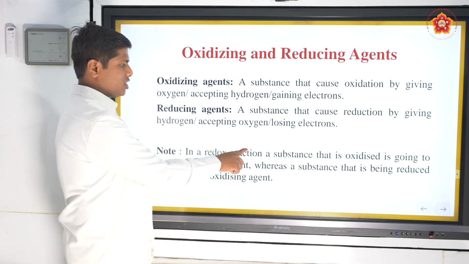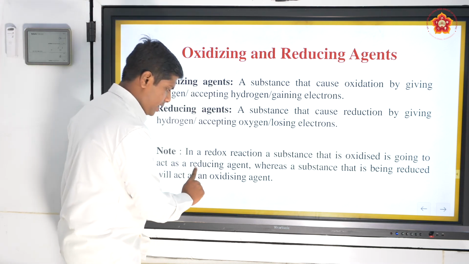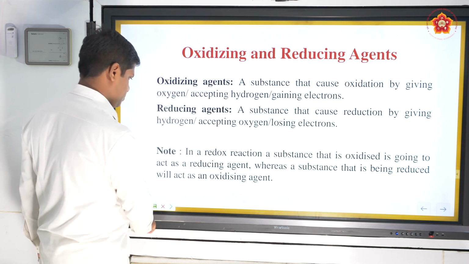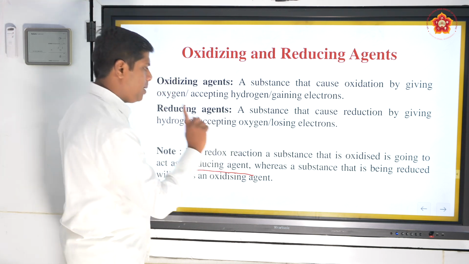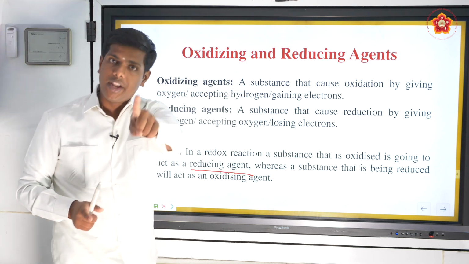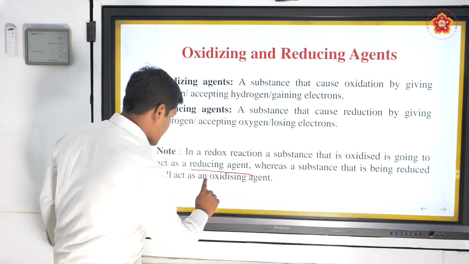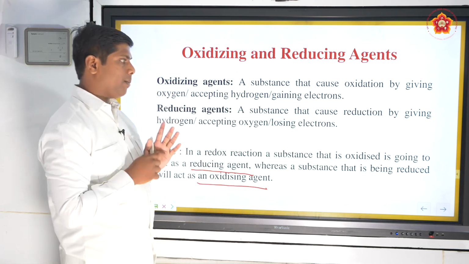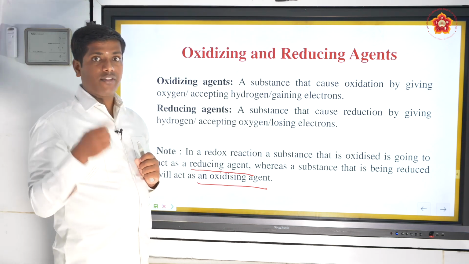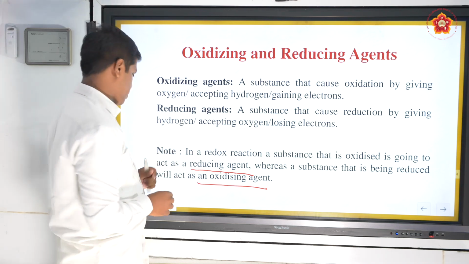In a redox reaction, the substance that is oxidized acts as a reducing agent, whereas the substance that is reduced acts as an oxidizing agent, vice versa. Oxidized means it acts as a reducing agent. If it is reduced, it acts as an oxidizing agent.